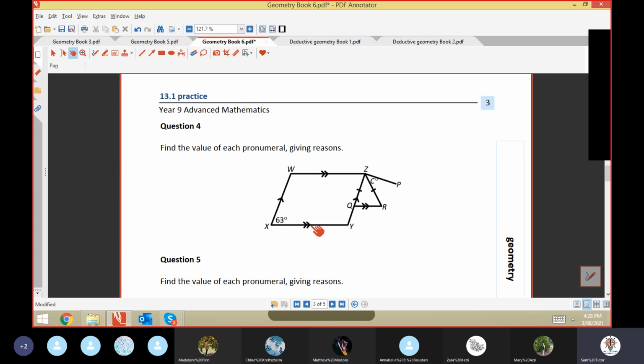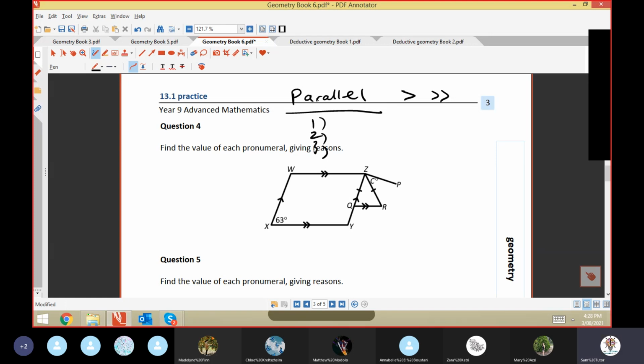Right? So again, you're thinking of what are your 3 words that you think of when you see parallel arrows? There are 3 words. Parallelogram? No. When you see parallel lines, what are the 3 words? 1, 2, 3.